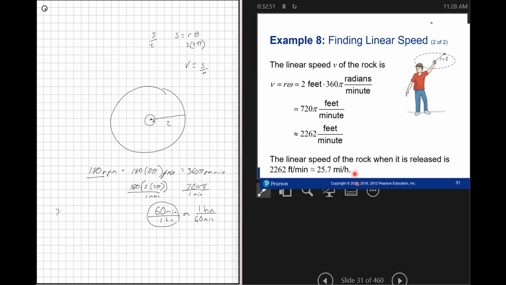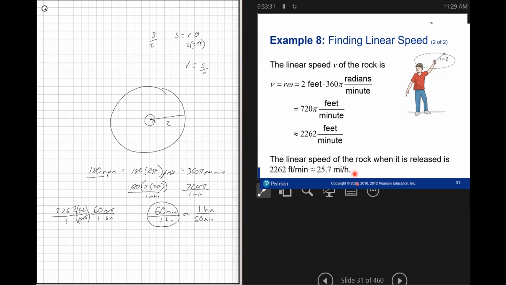So I'm going to take the 2,262 feet divided by the 1 minute. I'm putting the units of measure off to the side. So this will be 60 minutes over 1 hour, because now the unit of measure goes away and we put the hour in.